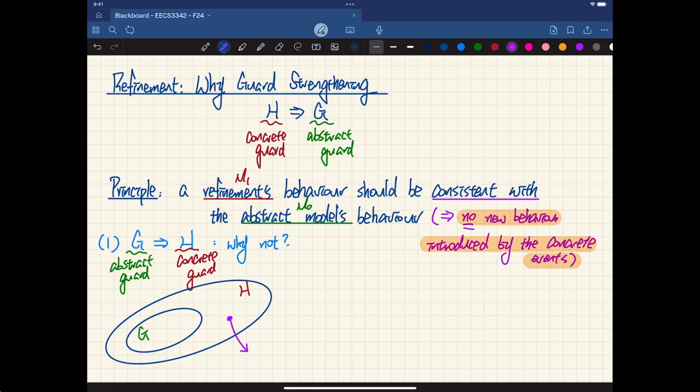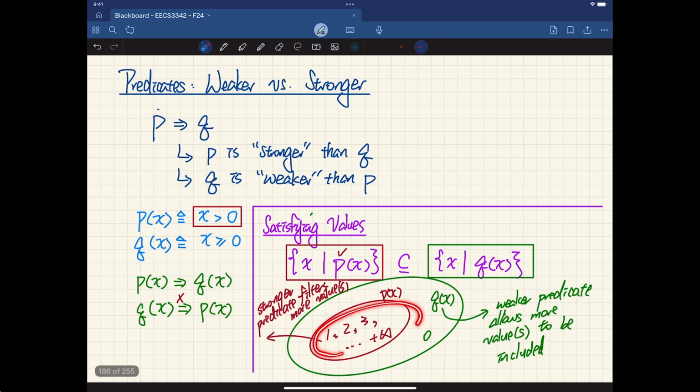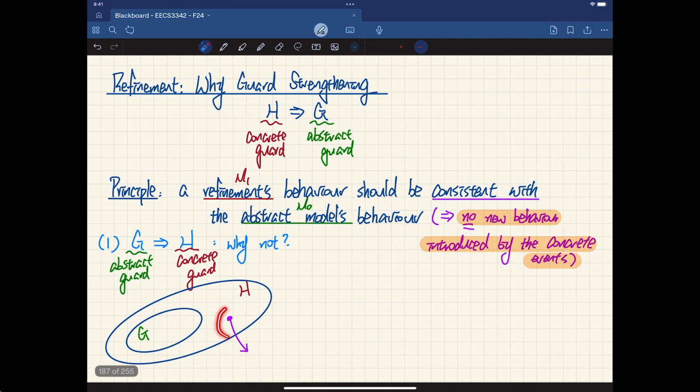Why? All you've got to do is think about, if I can find a point over here, what does that really represent? Because I know that G is stronger than H, like what we said earlier. This predicate over here is stronger than this one here. I can find some witness to show that. Now, what will be this particular witness? It's not a specific value, but what will be the condition?